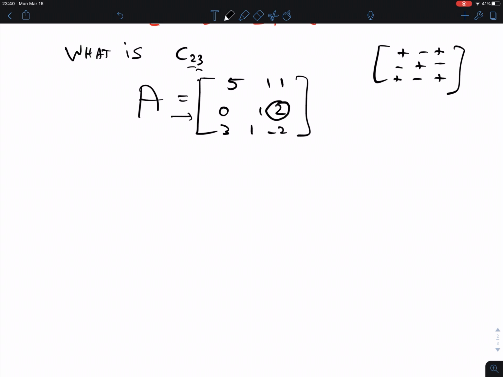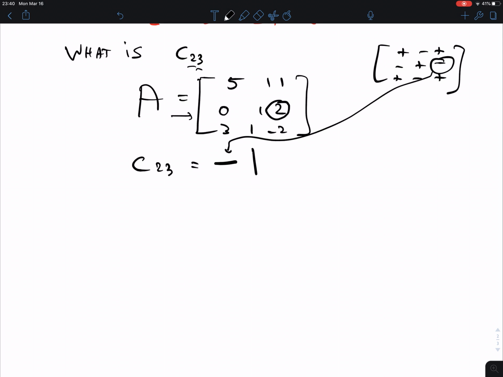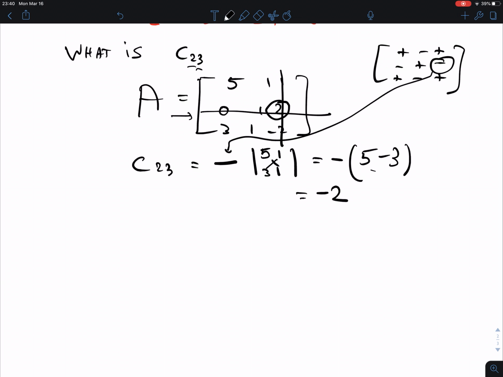So the position corresponds to a negative sign, so C23 is negative, that's this negative here. And the 2 by 2 matrix you have is you scratch out this, you scratch out this, and you're left with these 4 elements, 5, 1, 3, 1. And so that is minus. 5 times 1 is 5, 3 times 1 is 3, subtract. So that is 2, with the minus, so minus 2.